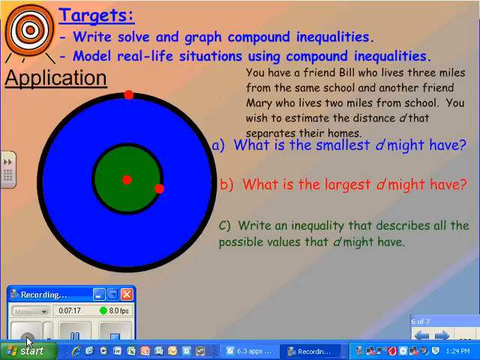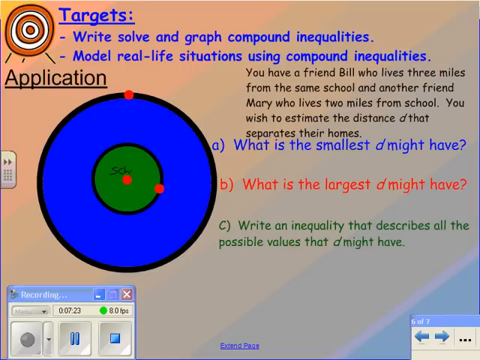Well, you can see we have a picture of it over here. We're going to say that the school is in the middle. We're going to say Bill's house is this dot up top here, the red dot, and Mary's house is right here.